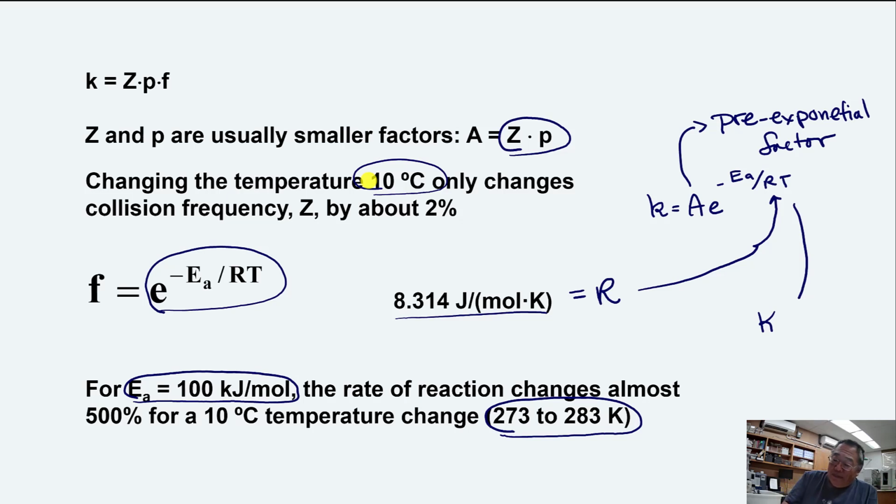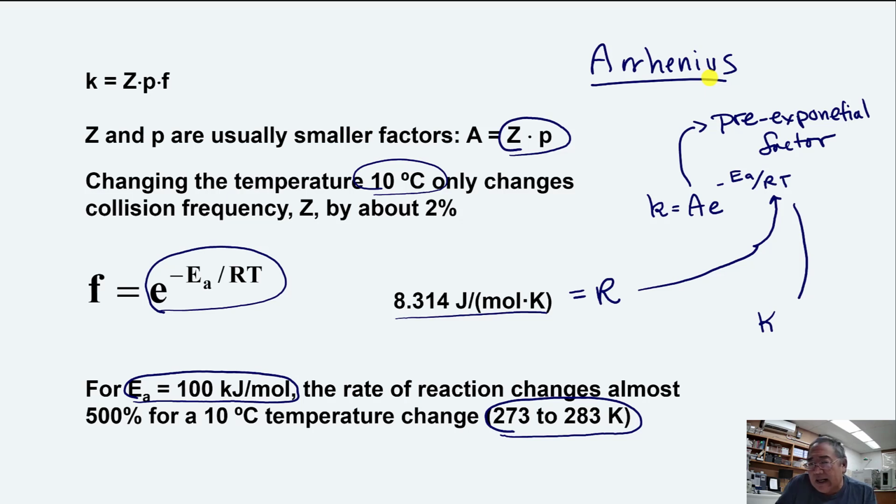So that is the Arrhenius. This, k equals A times e to the minus Ea over RT, is known as the Arrhenius equation. Arrhenius is also responsible for a lot of the stuff you learned early on about acid-base theory.